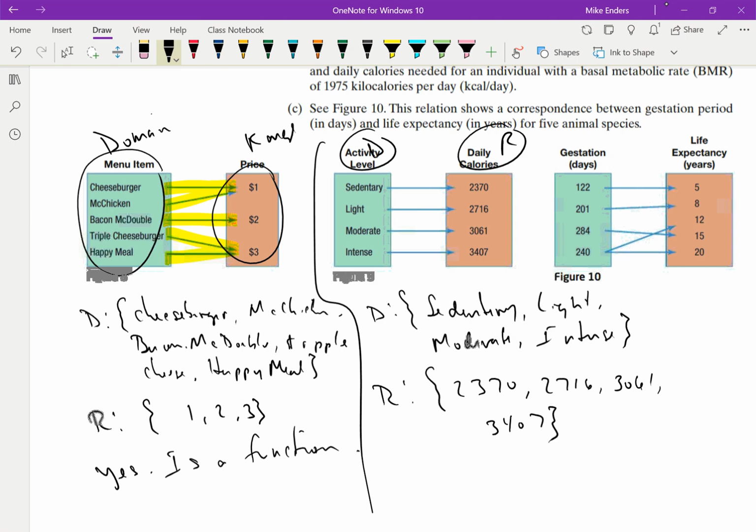So that is our domain and range for part B. Is this a function or not? Since every item in my domain has exactly one item associated with it, we would say yes, this indeed is a function.